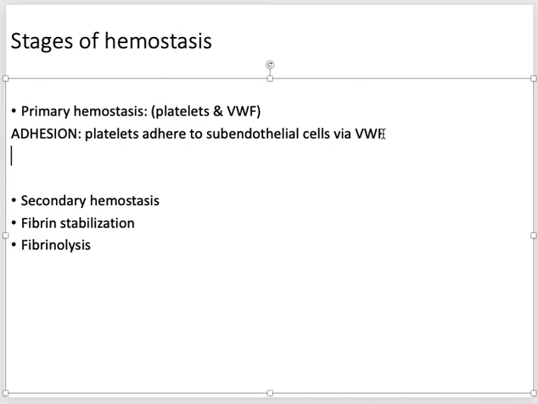All the conditions related to platelets, and the medications we use for them, are basically related to the things I'm telling you.